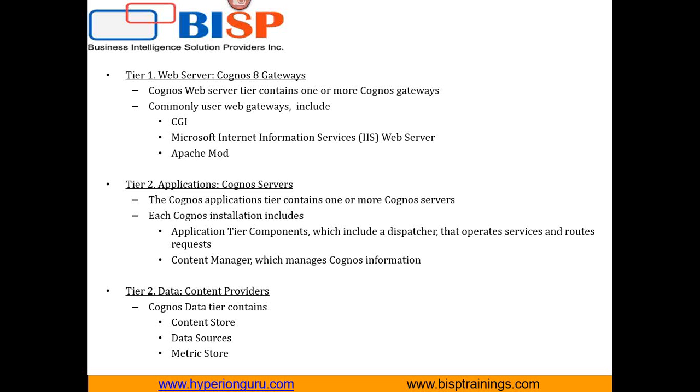Then comes the Cognos application server. At the application tier, we might have one or more Cognos application servers, depending upon the architecture and the requirement we are working on.